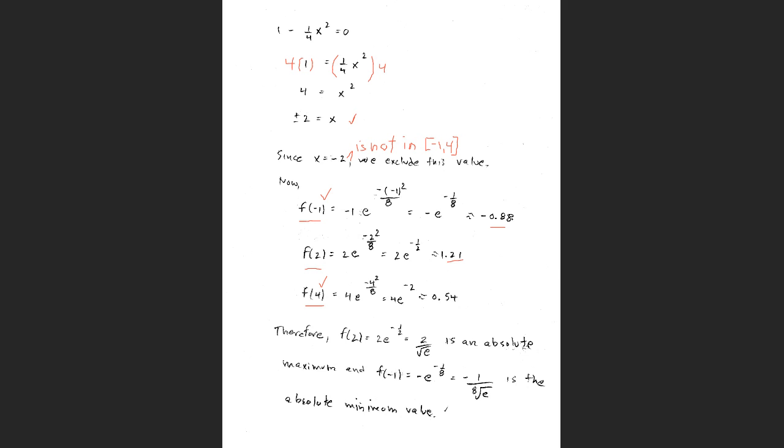And then we get our answers, and based off of the answers, we can determine what the absolute maximum and absolute minimum values of the function are over the interval -1 to 4.